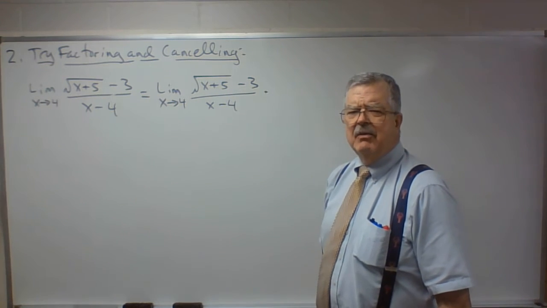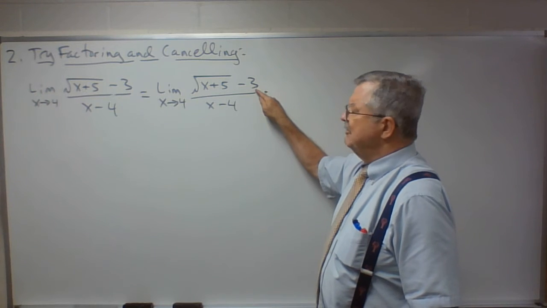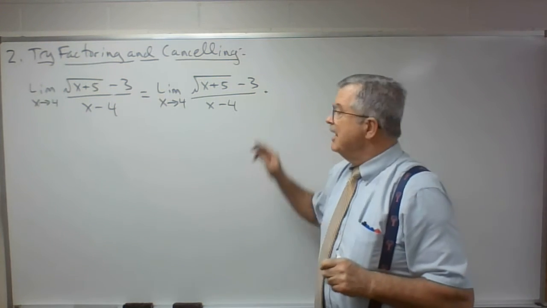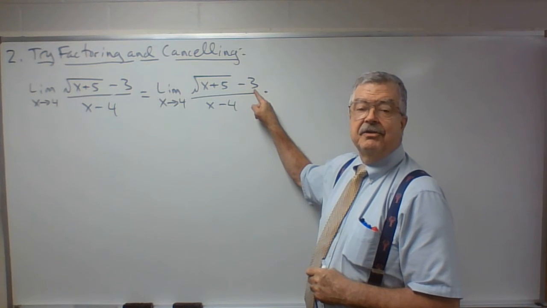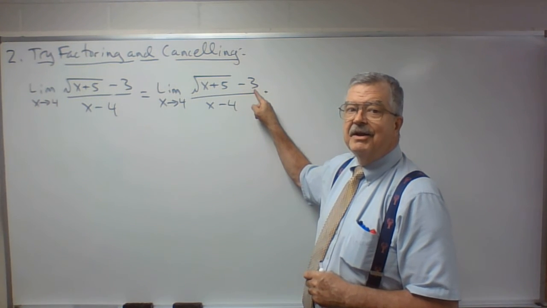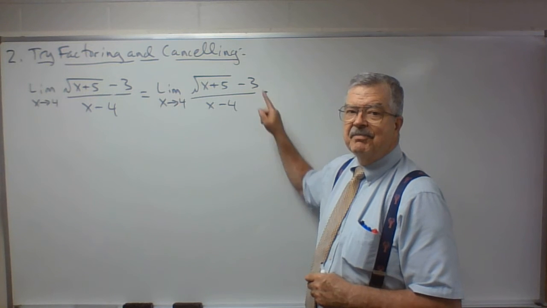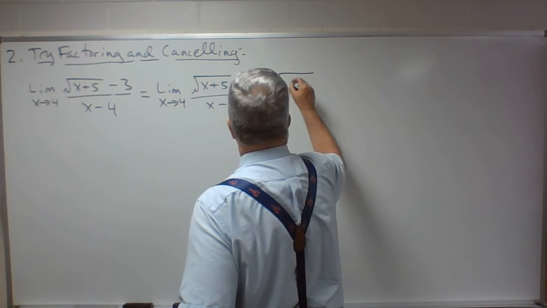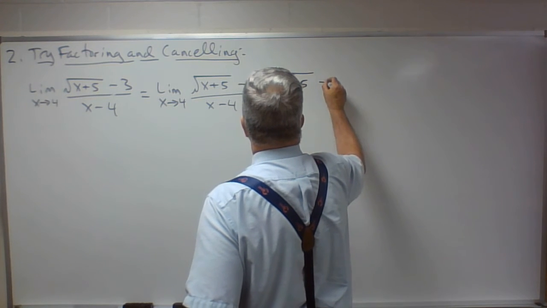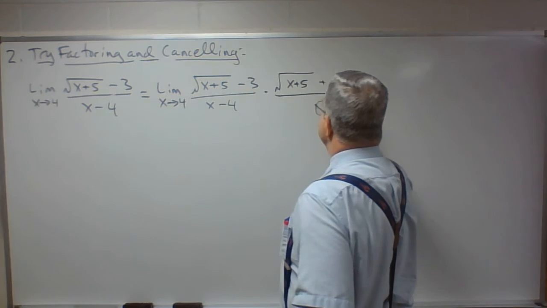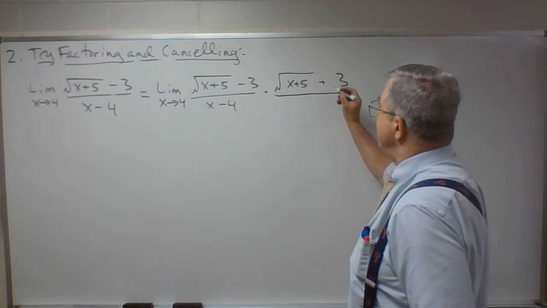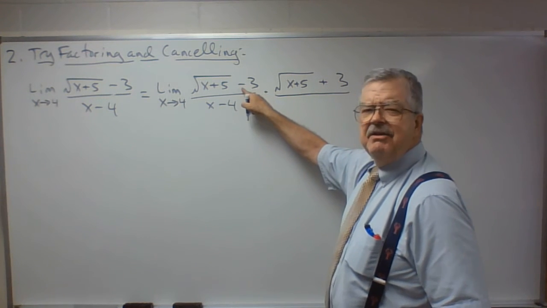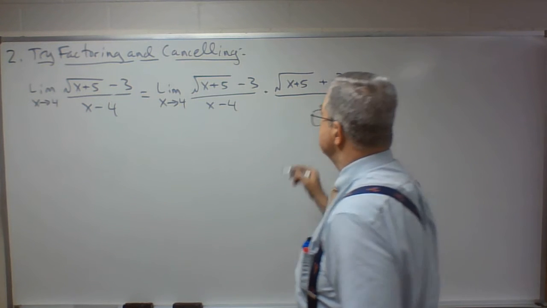And you might be saying, well, wait a minute, that's not a radical. Well, envision this as the square root of 9, and then it is a radical pair, isn't it? So we'll multiply the top and the bottom by the conjugate of that radical pair. In other words, we change the sign in between.